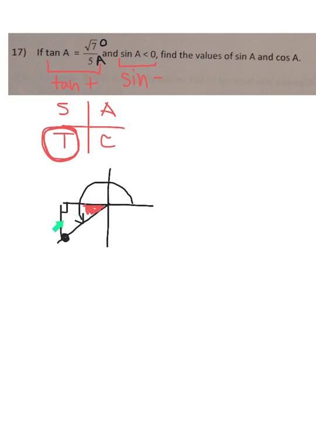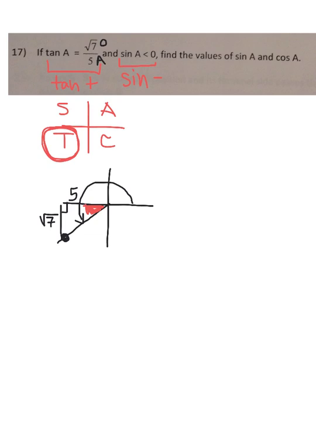The opposite side is here, and that's going to be radical 7. Then I'm going to go back up, and I'm going to look over here, and 5 is the adjacent. So let me go to the reference angle, and the side that's adjacent to this reference angle is this horizontal side right here lying on the x-axis. So that is 5. So I'm going to put a 5 right there.